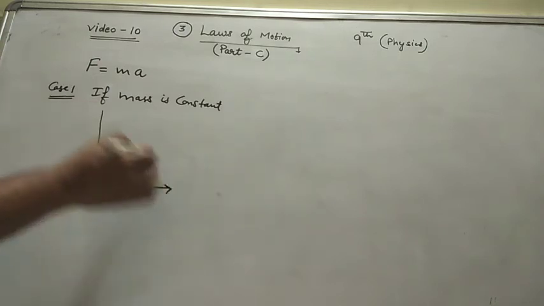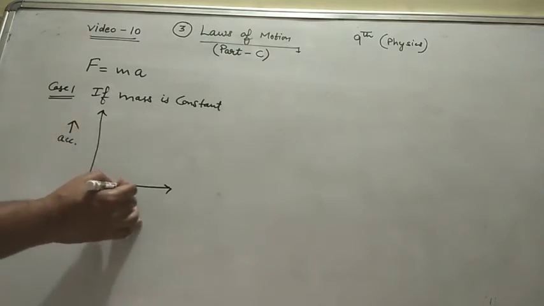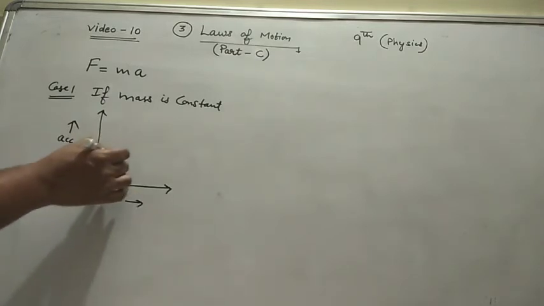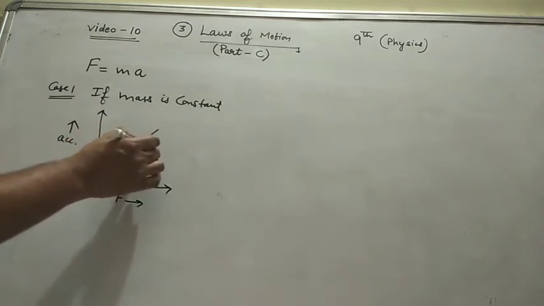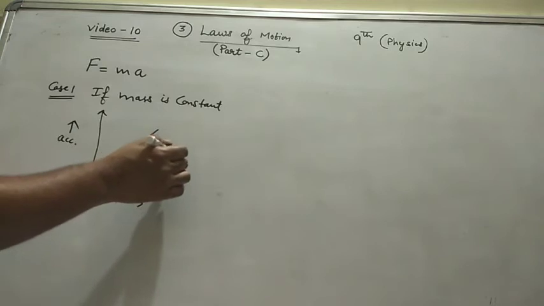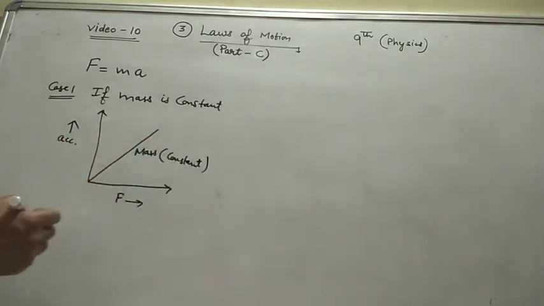For this I can draw the graph. On this side I am taking acceleration and on this side force. So both are directly proportional. This is the case when mass is constant.